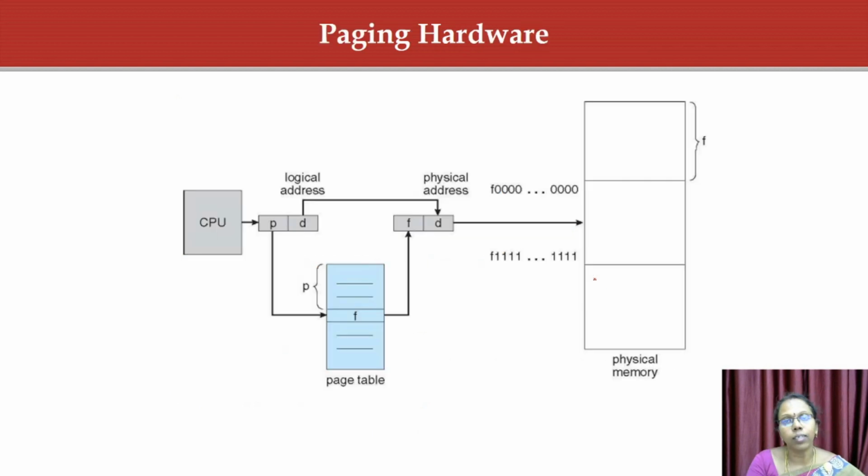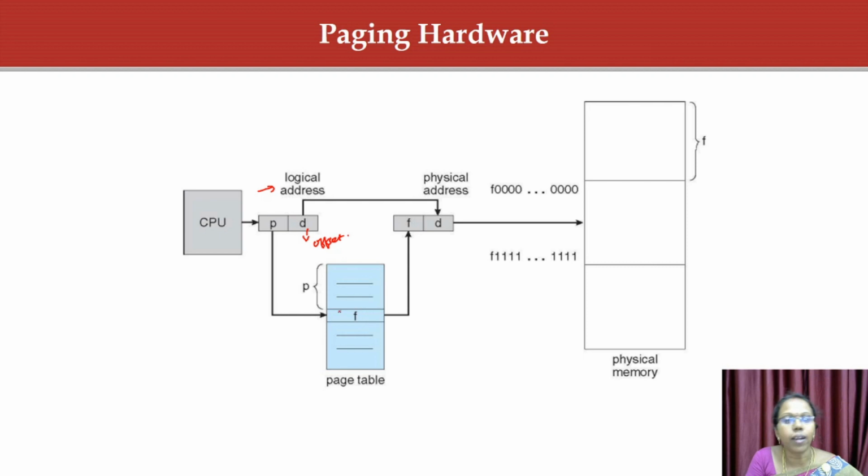So this is the paging hardware. We can see the CPU generates the logical address. The logical address is divided into two parts: a page number and an offset. The page number is used as an index into the page table.